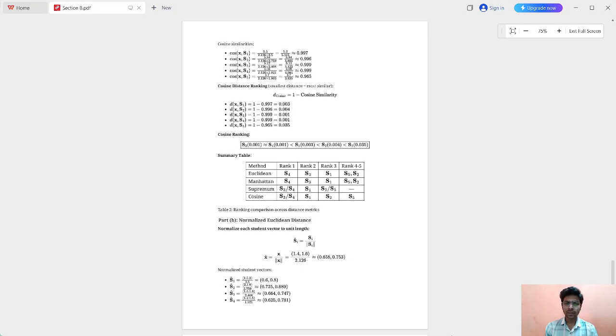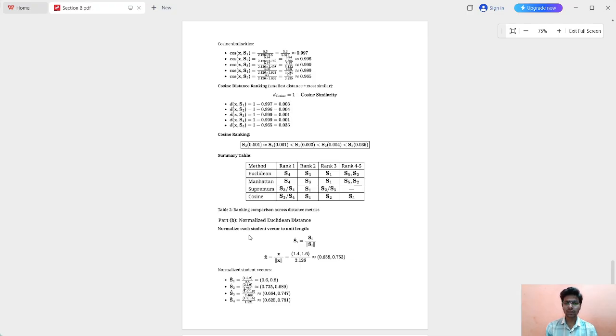In the summary table providing the rankings, for Euclidean, S4 is rank 1, rank 2 is S3, rank 3 is S1, and ranks 4 and 5 are S5 and S2. According to this table, you can see the ranking comparison across distances. Second one is B, normalization.